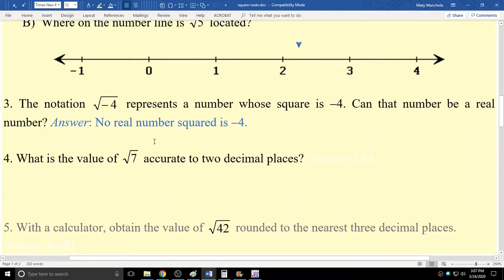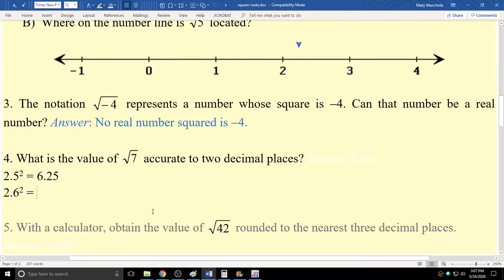So let's try something like 2.5. Could 2.5 be the square root of 7? 2.5 squared is, when you do the calculation, 6.25, not 7. So the suggestion here is that it has to be higher than 2.5. So how about something like 2.6? What is 2.6 squared?